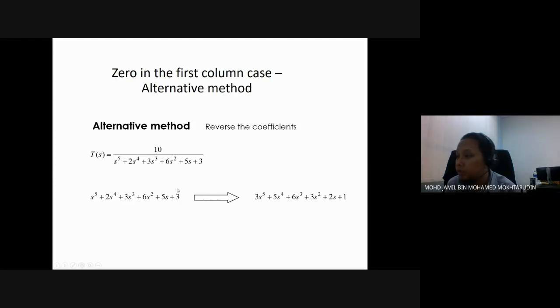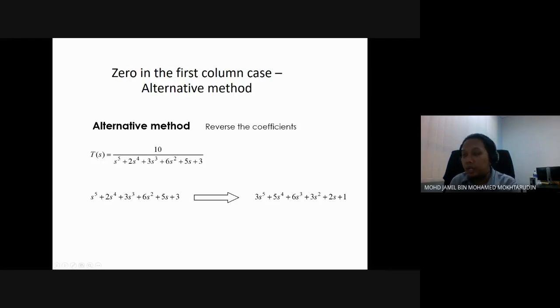Then 2, we reverse with 5. Coefficient 3, we reverse with 6. And then 6 here, we reverse with 3. 5, we reverse with 2. And 3, we reverse with 1. So you just reverse the coefficients.